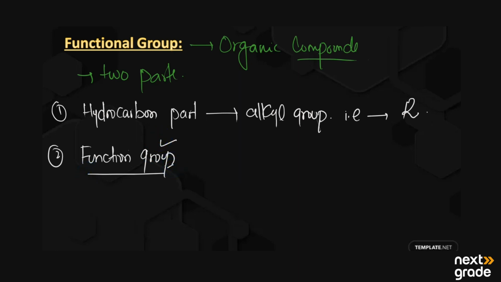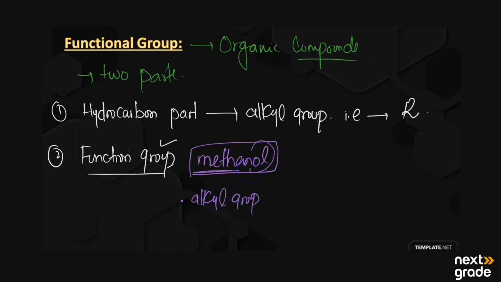For example, if we are talking about methanol, the first part of the name, meth, is the alkyl group, and ol shows that the hydroxyl group is attached. This is the functional group.